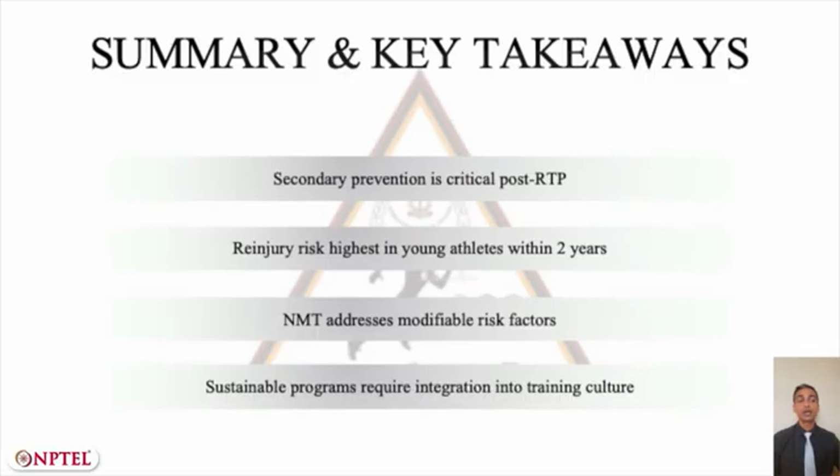Sustainable programs require integration into training culture. There has to be a mix of sport-specific training as well as neuromuscular training while performing the exercises for an athlete who has sustained a significant knee injury or has returned back to sport after a knee surgery.